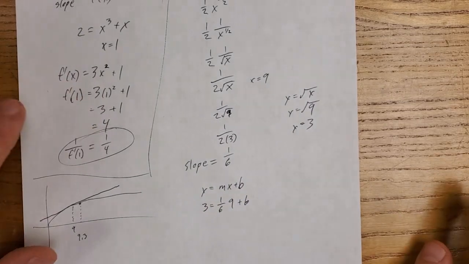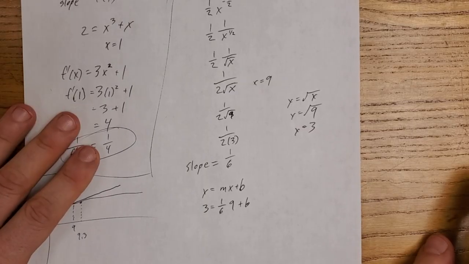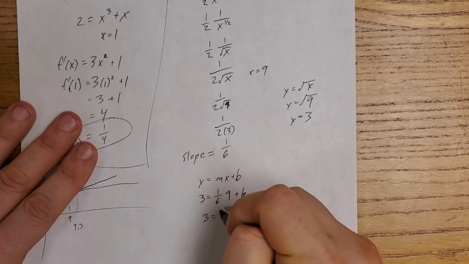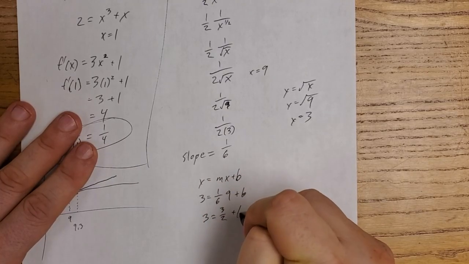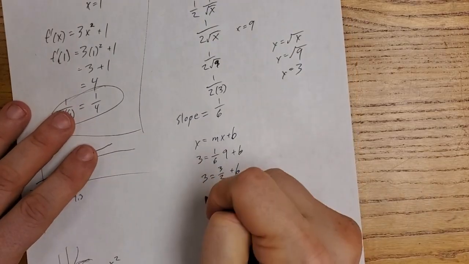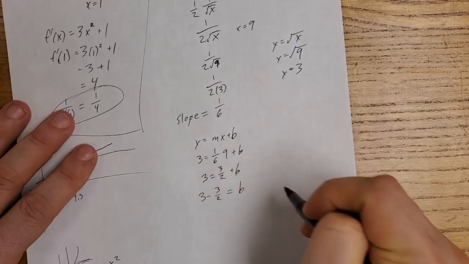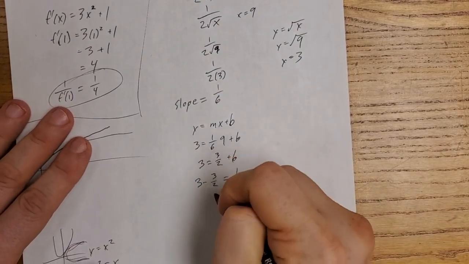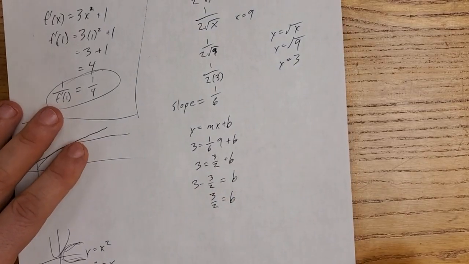We need to figure out that value for b. So we can simplify these things. 9 over 6 is the same as 3/2. And then we bring that over to the other side. 3 minus 3/2 is going to equal that b. And 3 minus 3/2 is 3/2.